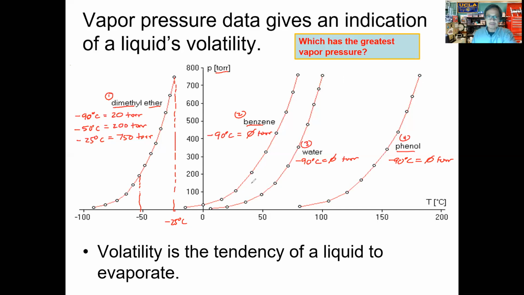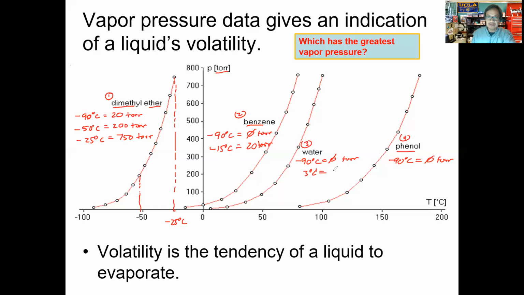Okay? Now look at this. Benzene doesn't exert a vapor pressure until about negative 15. At negative 15 degrees Celsius, it exerts a vapor pressure of about 20 torr. And take a look at this. Water doesn't even exert that same pressure until about 3 degrees Celsius.